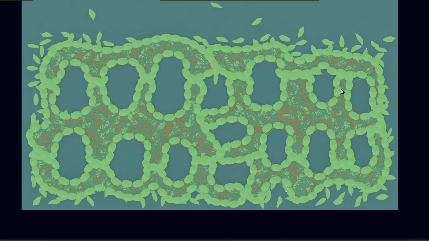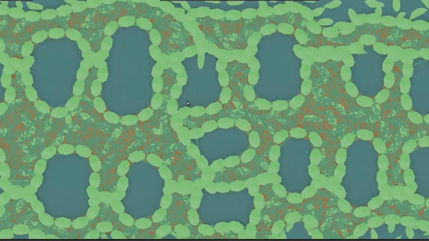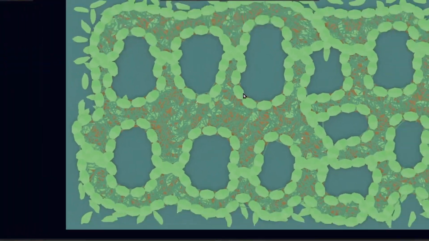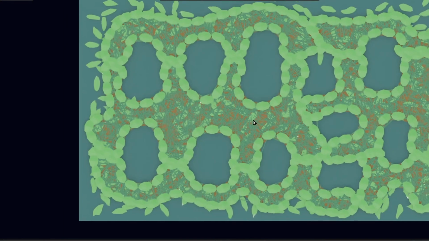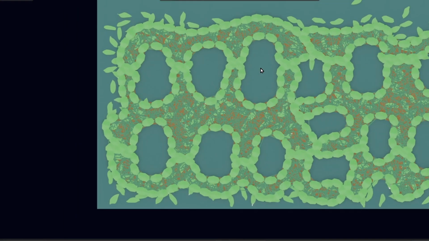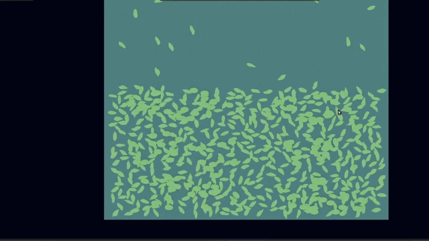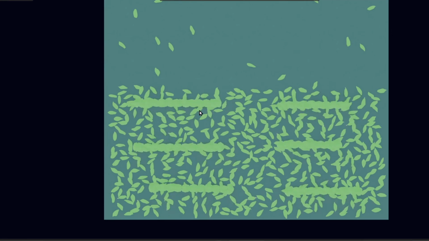Now we have some problems here. Let me explain. But before that, some of these cells get trapped. Let's watch the animation again. Some of these osteoblasts got trapped as the matrix is formed.